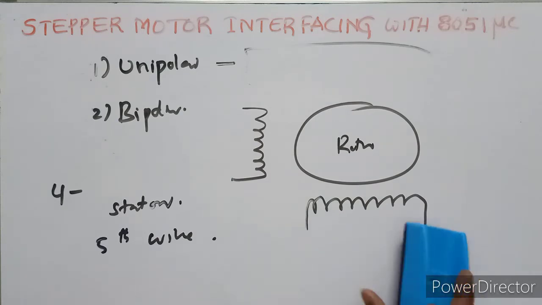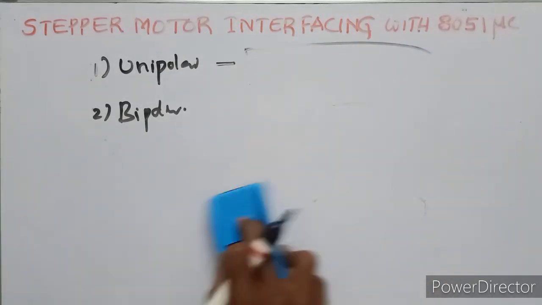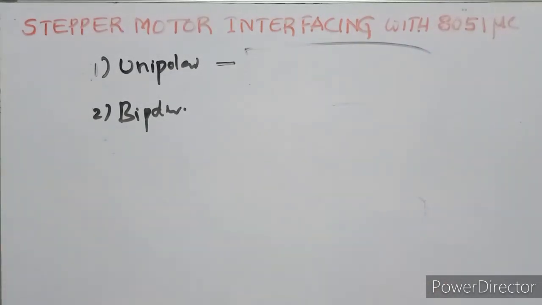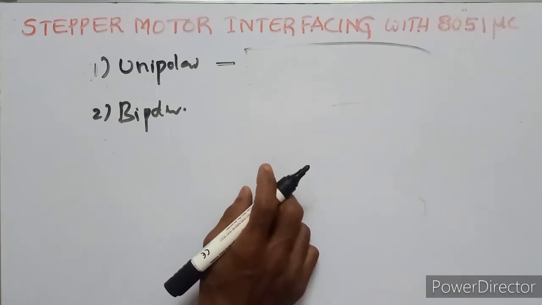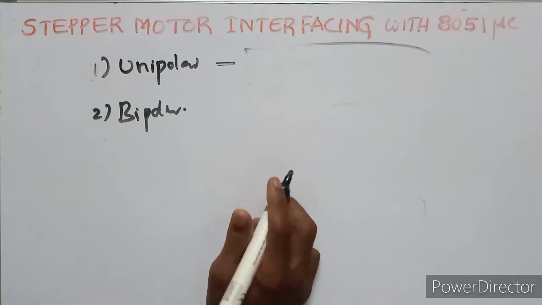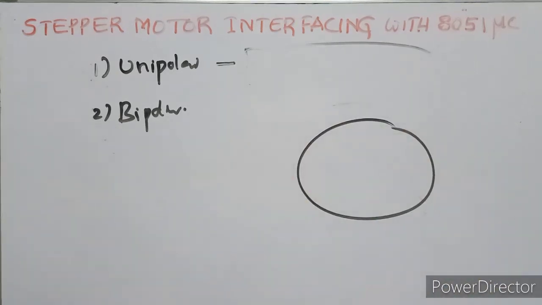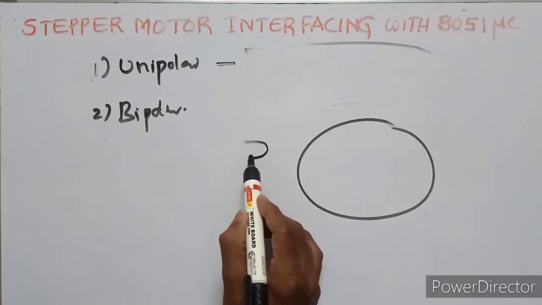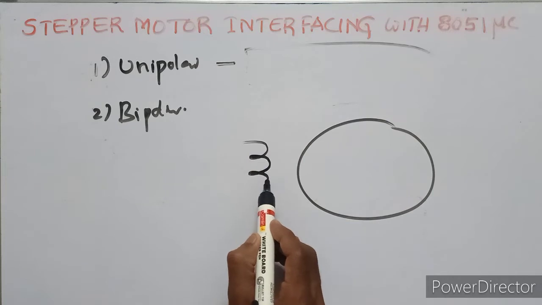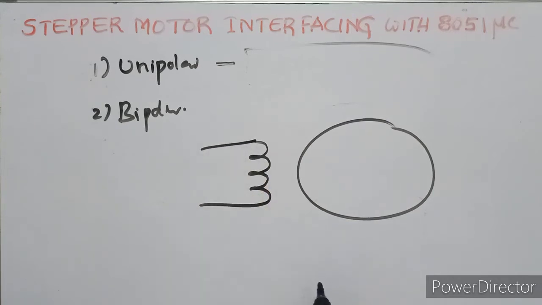Next, in a bipolar stepper motor, there are just 4 wires coming out from two sets of coils.